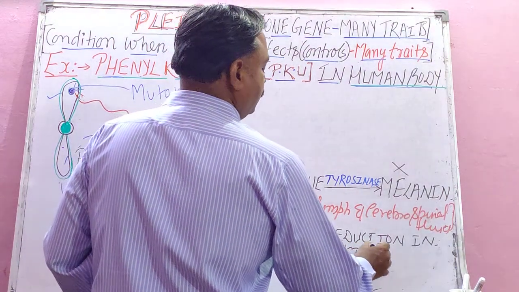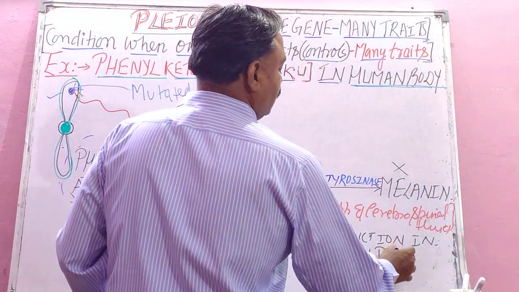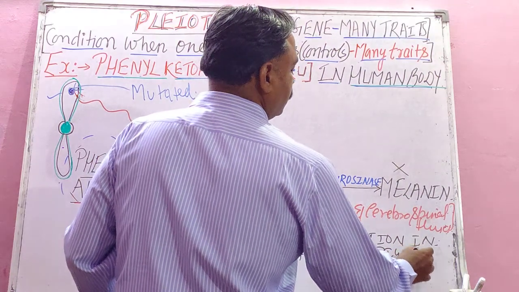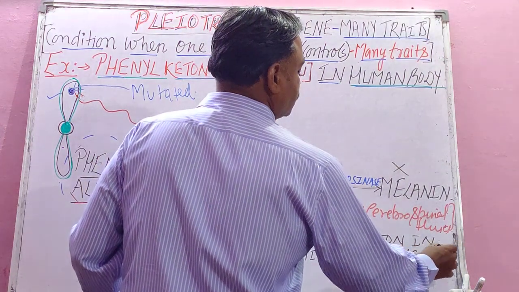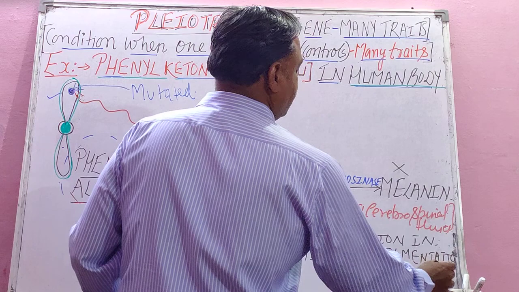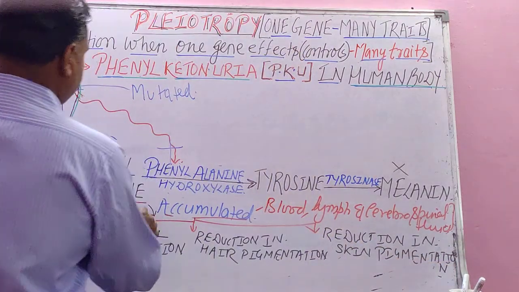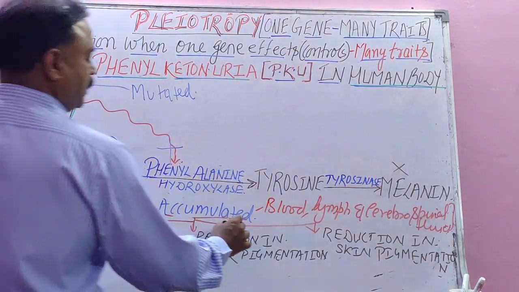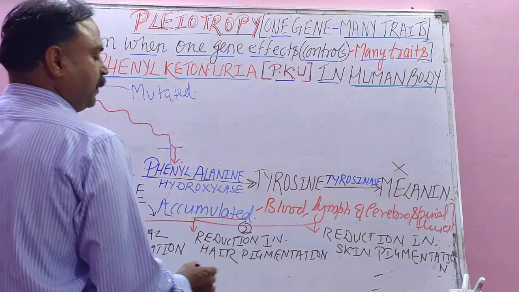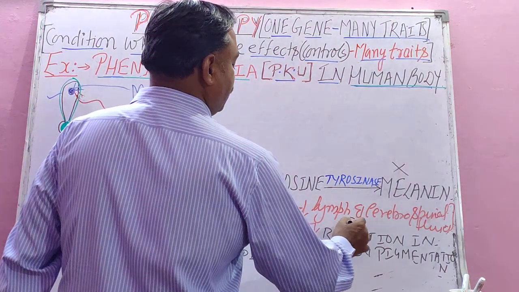Reduced skin pigmentation means the person again becomes albino type. So these are the traits: one, mental retardation; reduction in hair pigmentation; reduction in skin pigmentation.